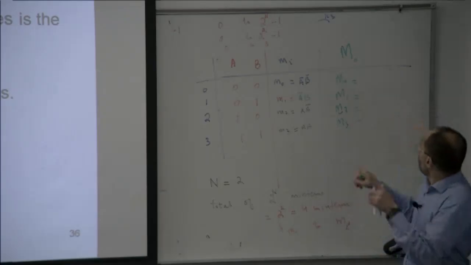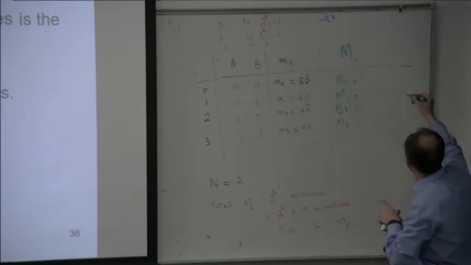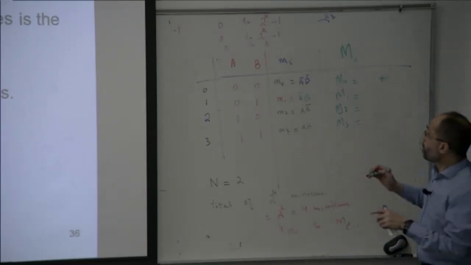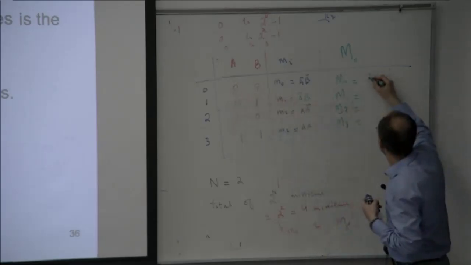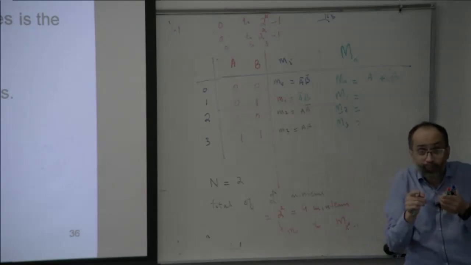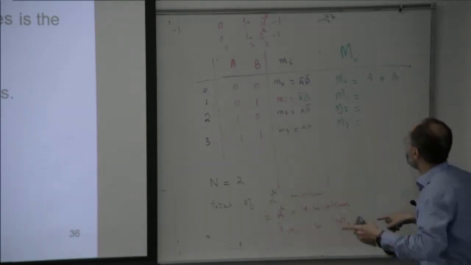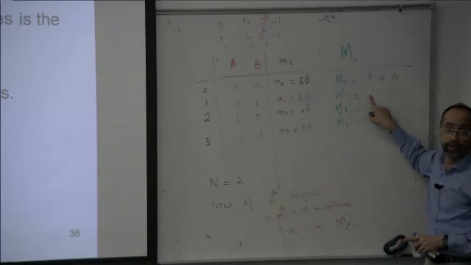Now, if you look at the max term, the max term is the plus. So we have a plus here, and this is actually what? A plus B. For 0, we have A, and for 1, we have A bar. Okay, A plus B. Now for M1, what will be M1?